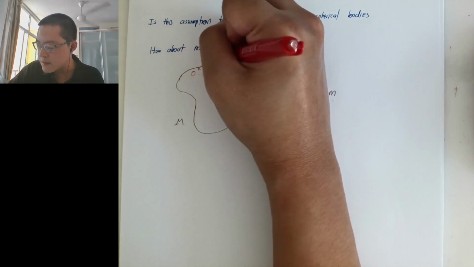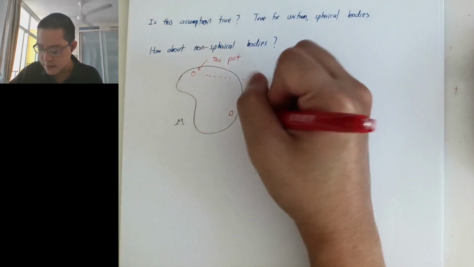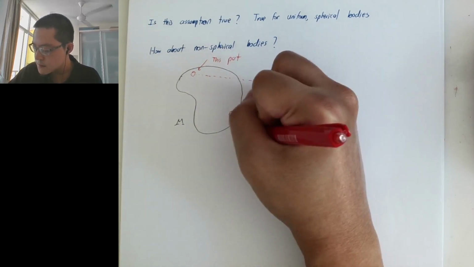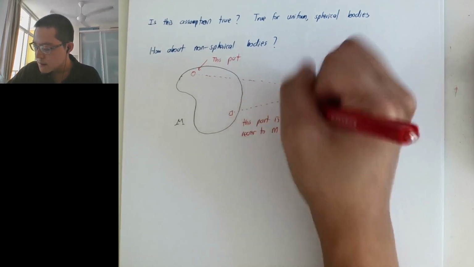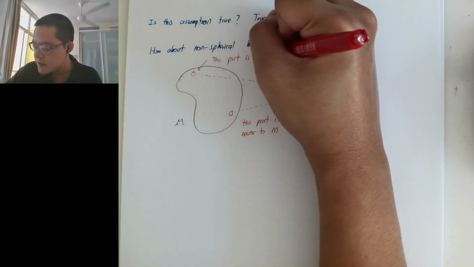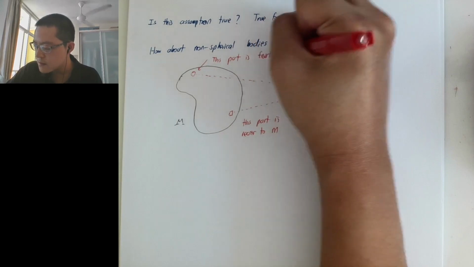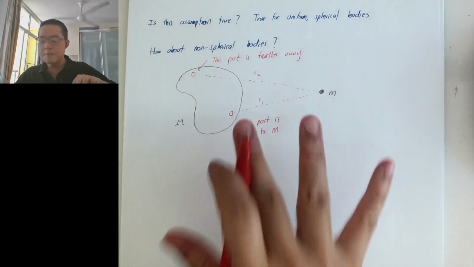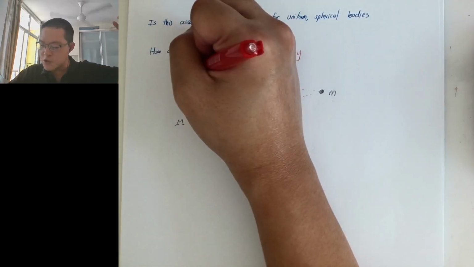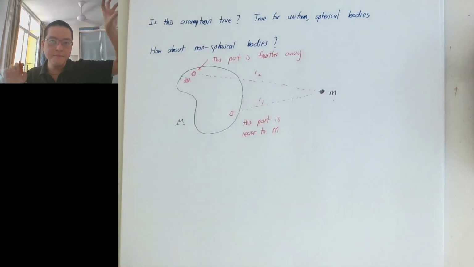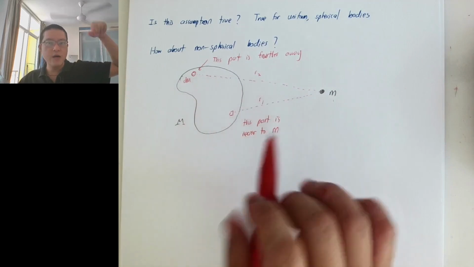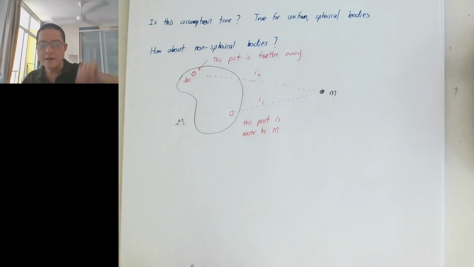For example, this part is nearer to m, but this part is further away. Let's say this is R1 and this is R2. Because the distances are different, even if you choose the same mass, this part will have a stronger attraction compared to this. So how can we calculate the force of gravity in this situation?